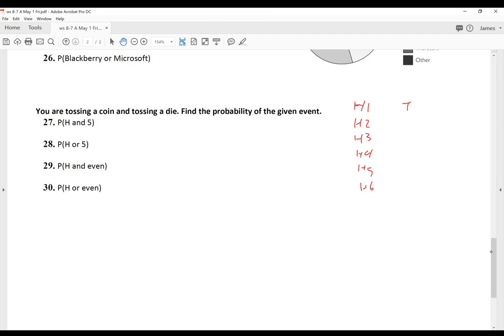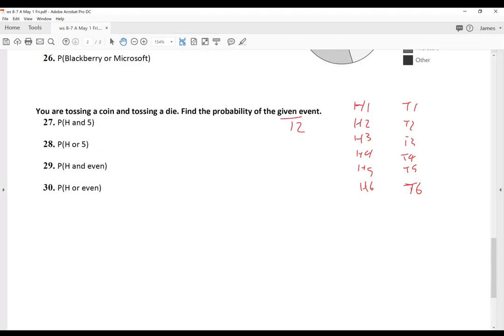So there's 6 different ones here, and then tails. So these are all the outcomes that you could get when you toss a coin and toss a die. There are 12 total. 2 times 6. So total, it doesn't tell you, but total has to be out of 12. The bottom number has to be 12.